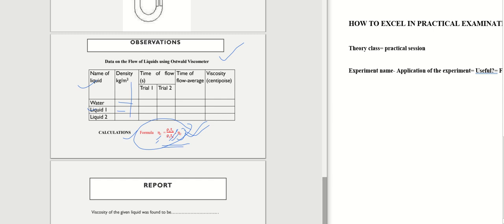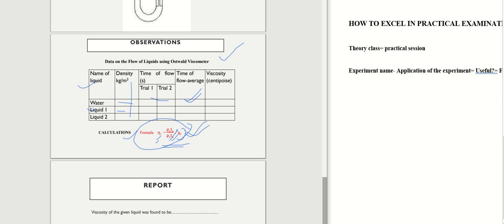And always remember, whenever we carry out any experiment, we should do it in 2 trials, and we'll have 2 values for each sample, so we can take an average of these 2 trials. The purpose of carrying out the experiment in 2 trials is just to avoid errors. The time is taken, and the average time of flow is noted.